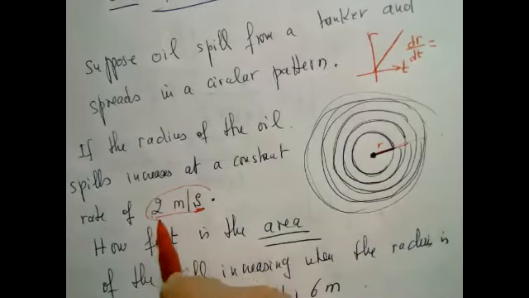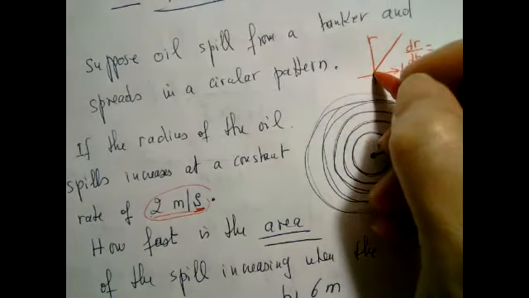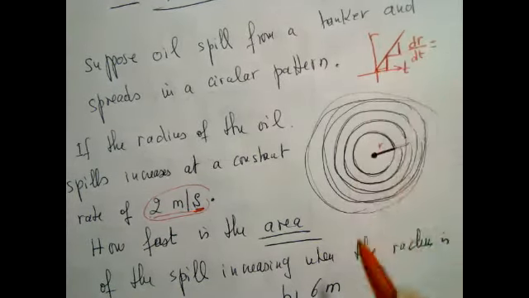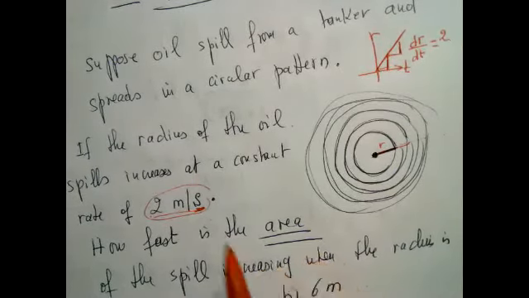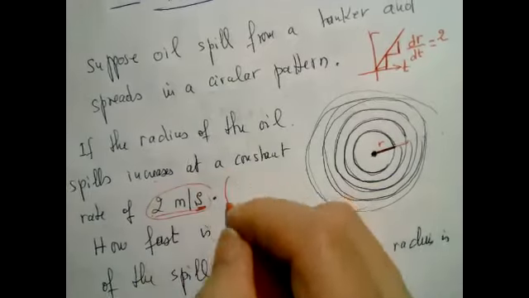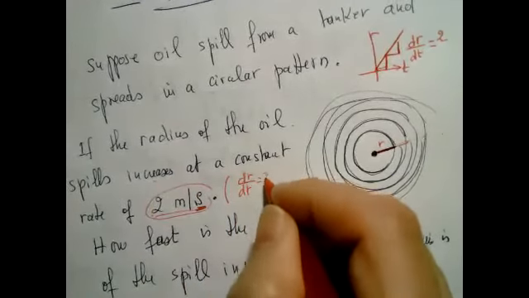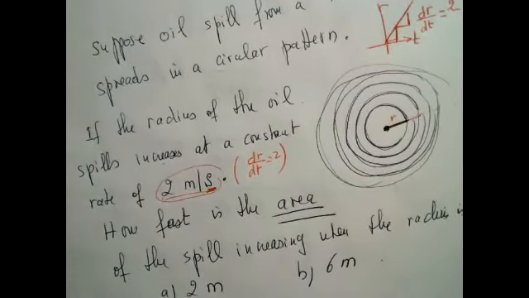It's increasing at this constant rate, 2 meters per second. This is the radius at 0. Every second it is increasing by 2 meters. So the derivative is equal to 2. Increasing at a constant rate is really telling me how fast the radius is changing. So that's the question about the derivative of the radius.